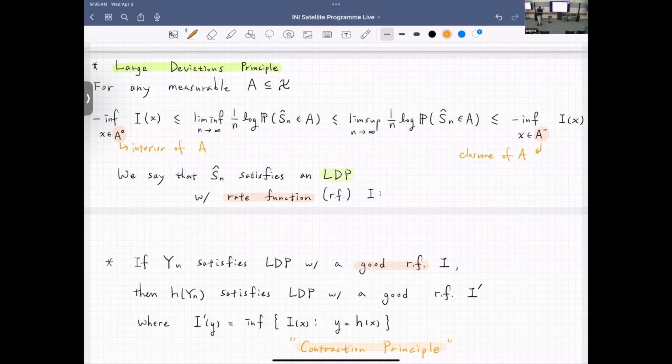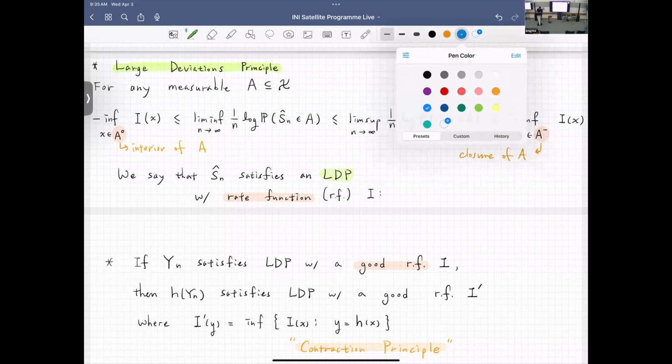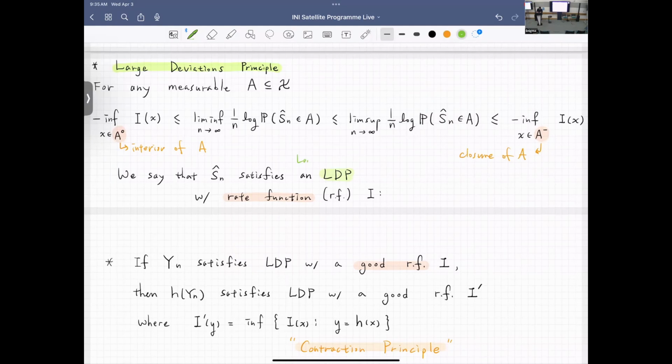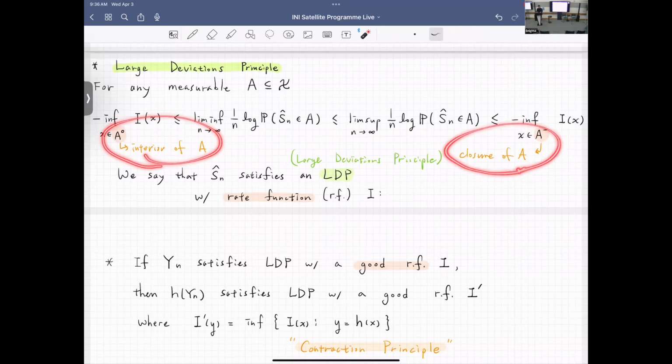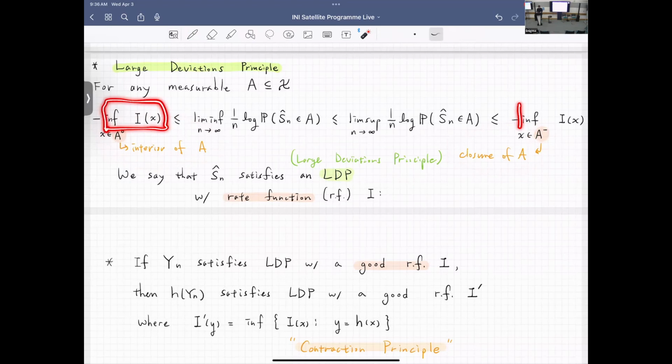All right, so this is the large deviations principle, and these are the closure and interior of a set A. If you take the infimum over the interior, it is a smaller set than the closure, so the infimum will be larger there. The infimum over the closure will be smaller, but we're taking the negative of that.